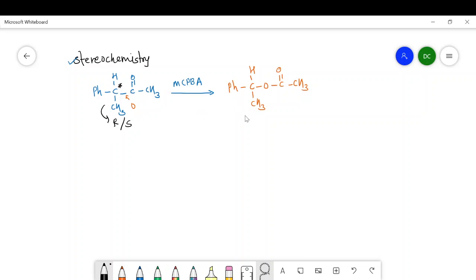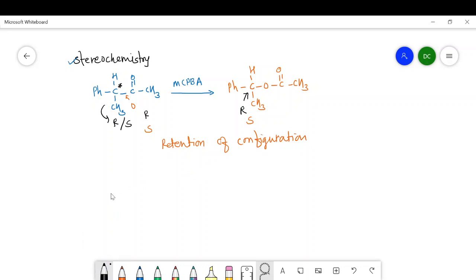There is no change in the configuration that is observed in the reactant. If it is R, then this carbon is also having R configuration. If this reactant has S configuration, then the product should have S configuration. So the retention of configuration is observed in the Baeyer-Villiger oxidation process. There is no change in the configuration of the product.